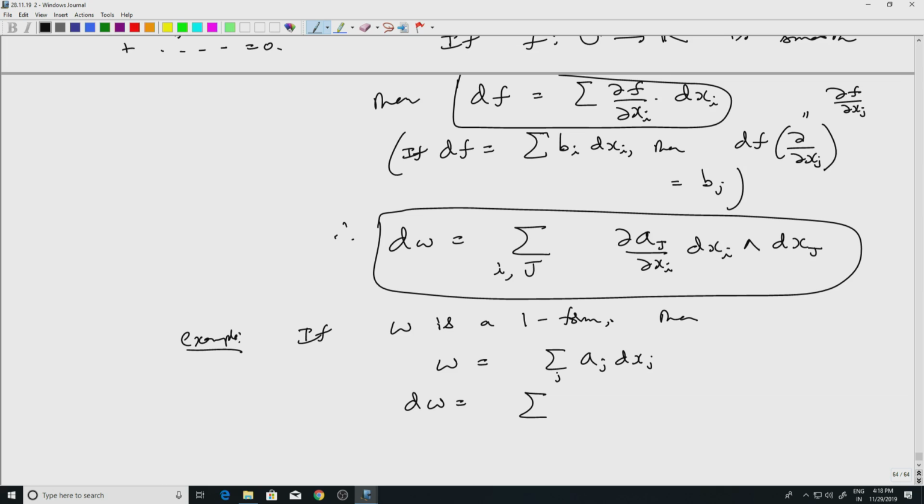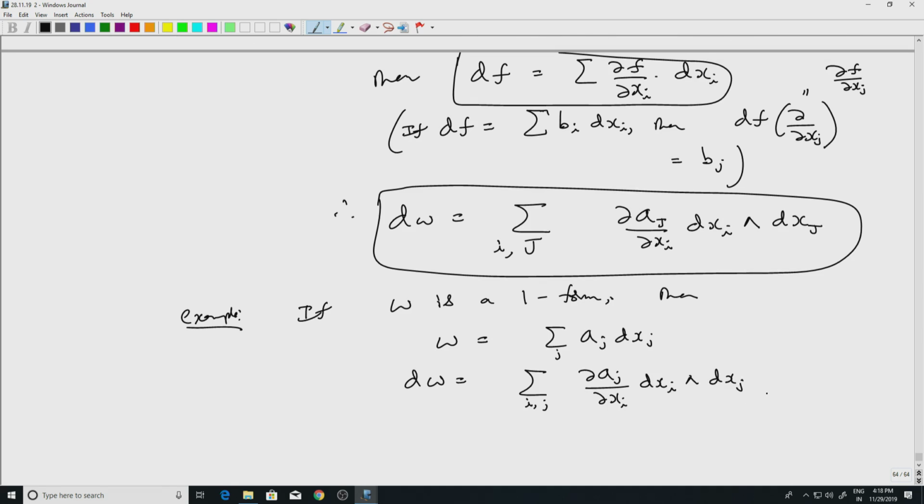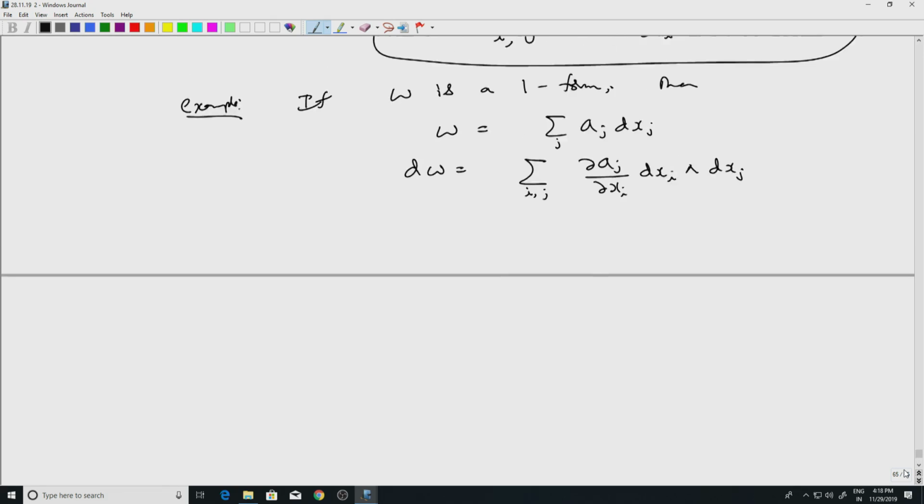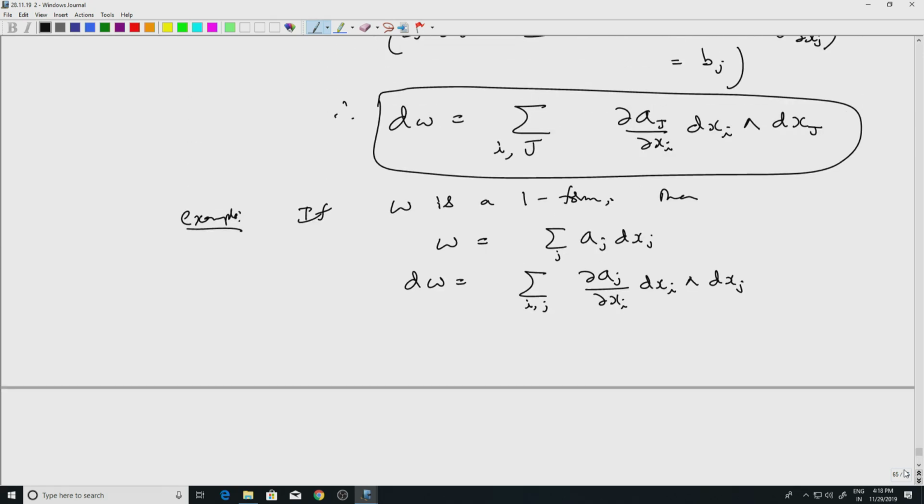So this is the summation over j, summation over i, j, del aj by del xi dxi wedge dxj. Now, if i equals j, I'll get dxi wedge dxi, which will be 0 because of the anti-commutativity property of one forms.